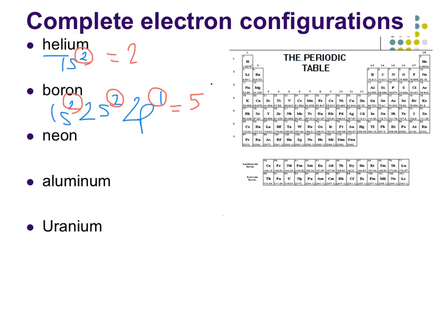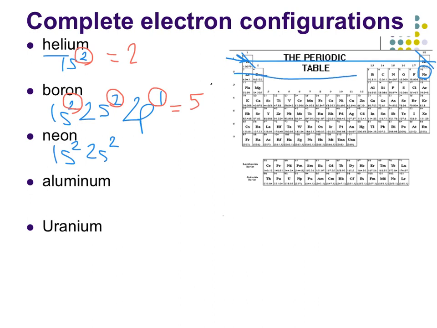Now let's try neon. Neon is all the way at the end of the second row. So again, starting from the beginning, you're going to go through your 1s orbital, both boxes. So use the exponent of 2. You're going to go through your 2s orbital, both boxes. So again, we'll have a superscript of 2.